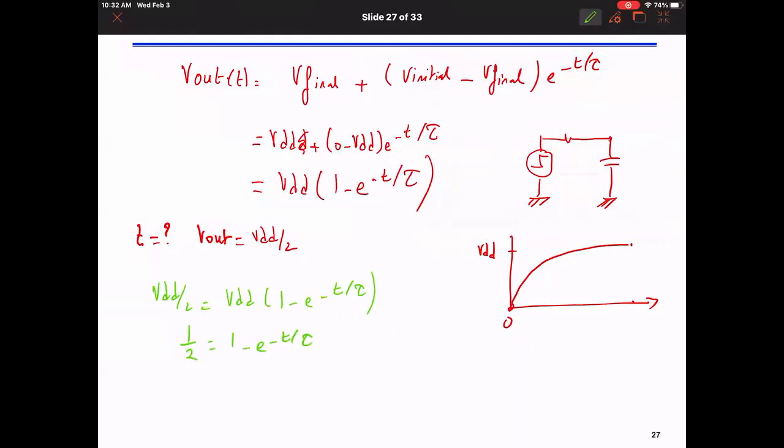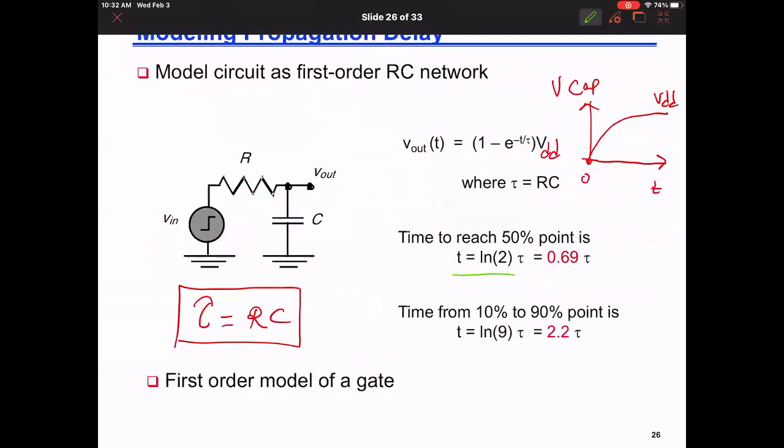We end up finding that t is equal to tau ln 2, which is the equation that we have here, which is 0.69 tau. So assuming that the switching happened at t equals 0, at t equal 0.69 tau, my output will reach the 50% point, and I can calculate my delay from this equation.